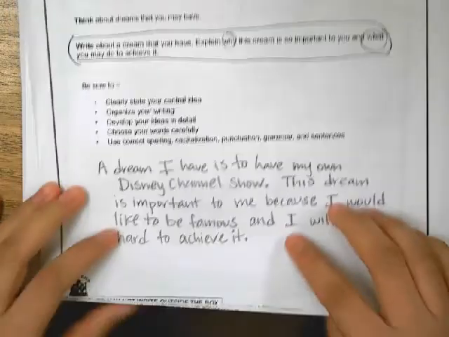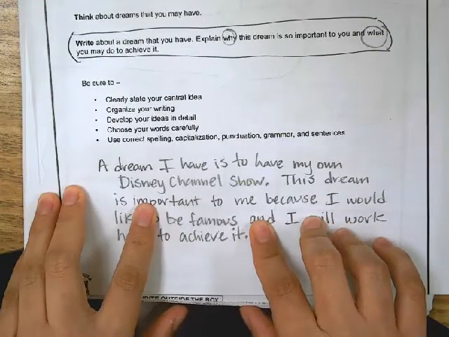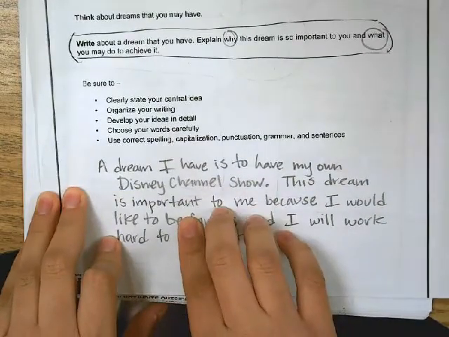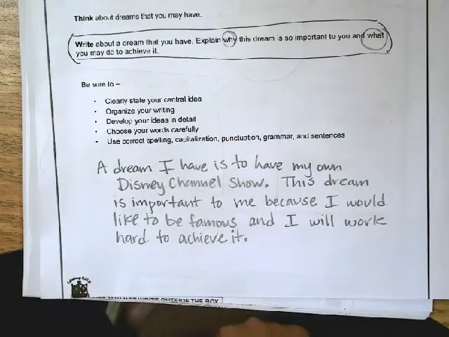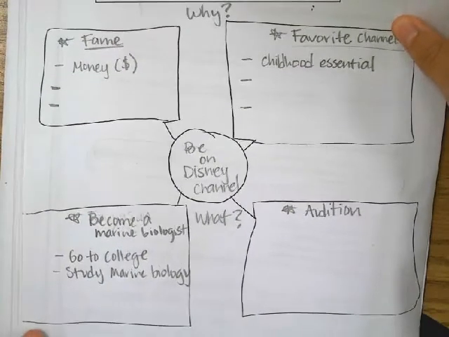I put my childhood dream on there, which was to be on a Disney Channel show. This is my rough draft for my introduction. Make sure you do that before your brainstorming, your pre-writing stage. So that was for writing.